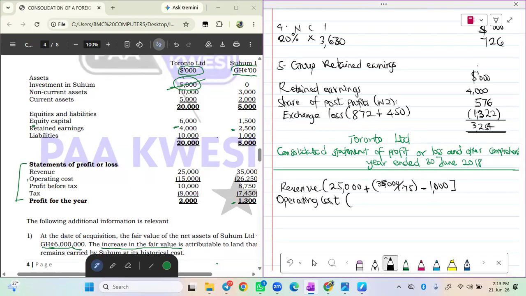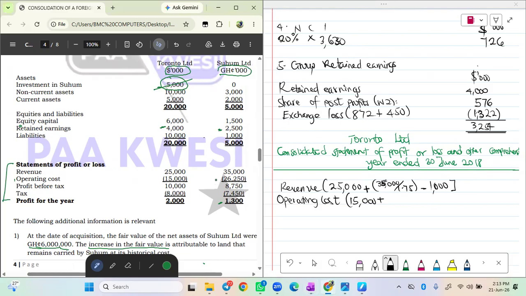So the operating cost will be the parent's 15,000, which is in dollars already, plus that of the subsidiary's own, 26,250. That one is in cedis. So 26,250 divided by what? 1.75. You retranslate using the average rate.